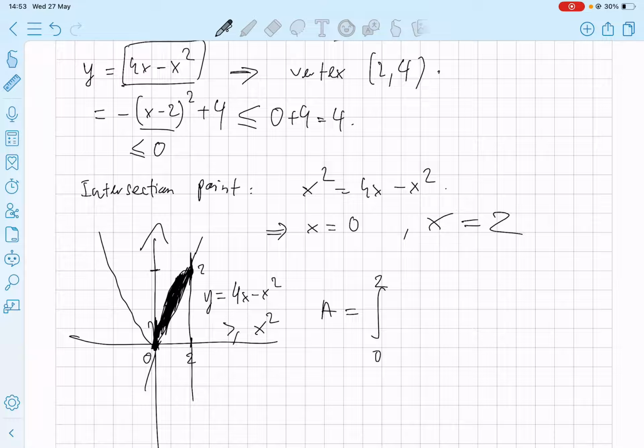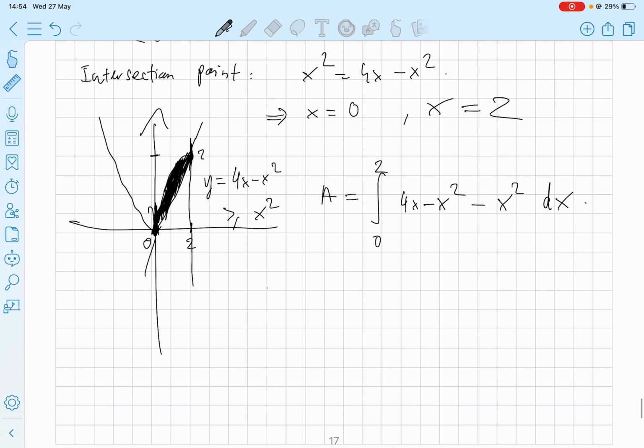The greater one is 4x minus x squared, minus the smaller one, x squared, and don't forget the dx. The rest will be to evaluate the definite integral, so it's kind of easy.